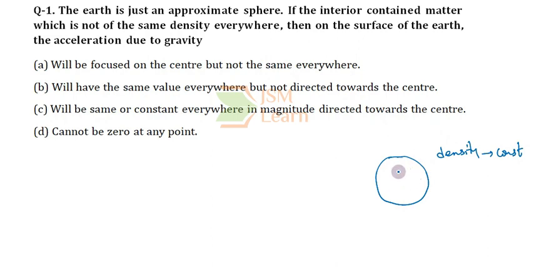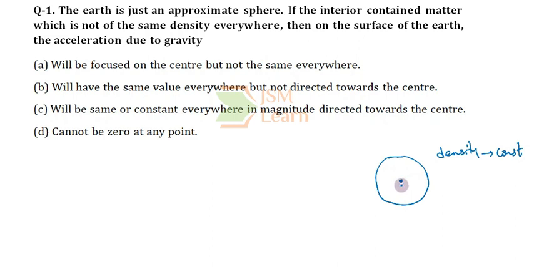So, as there is equal distribution of mass, we can assume that the mass of the whole Earth is concentrated at one specific point called the center.